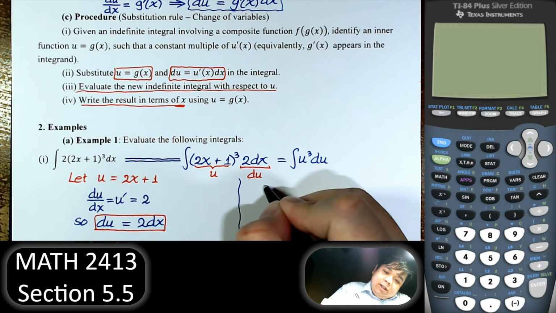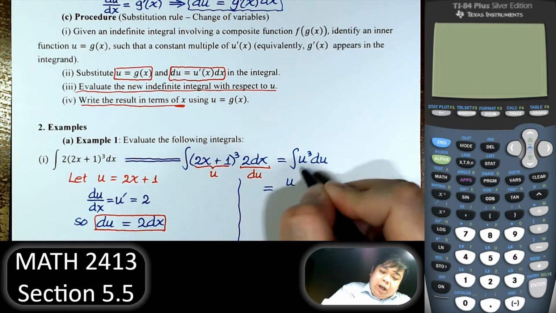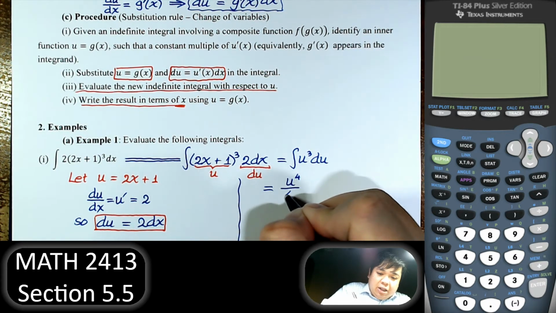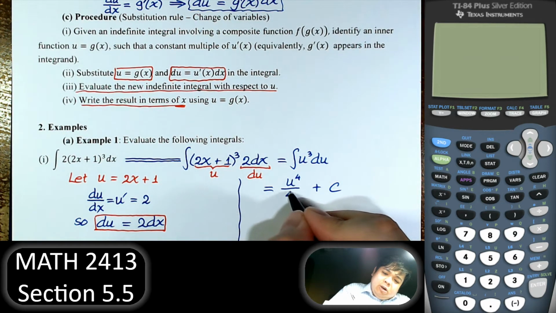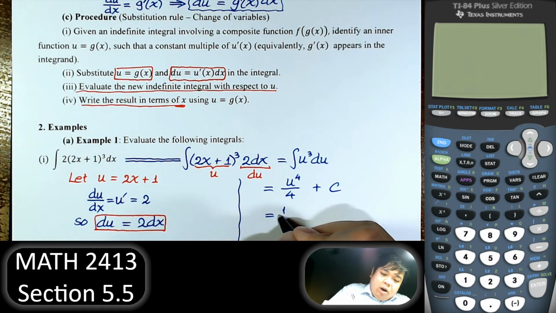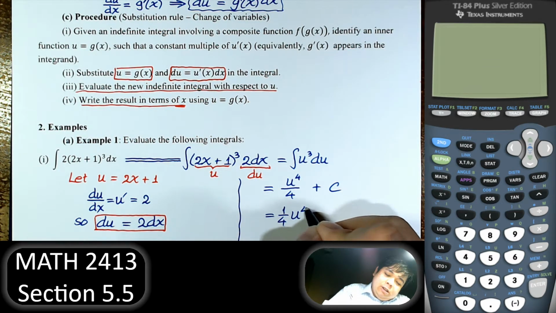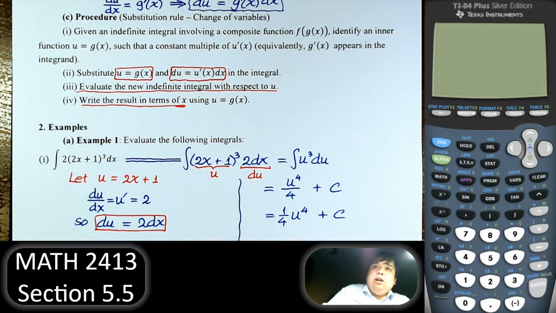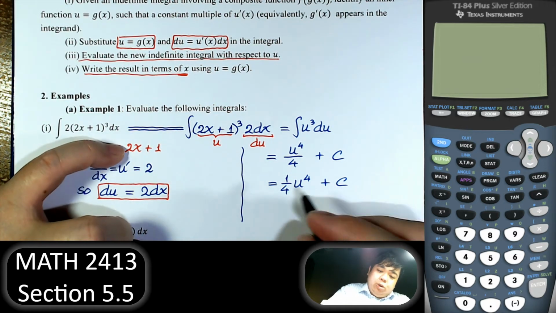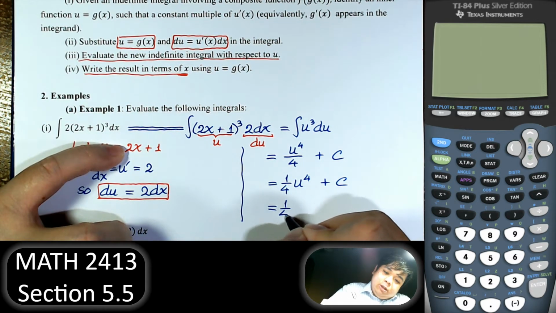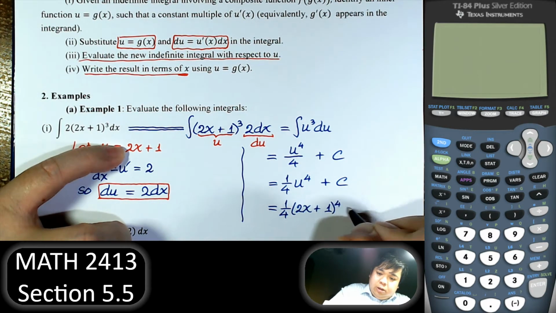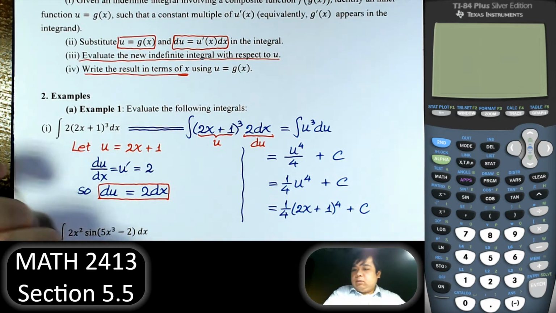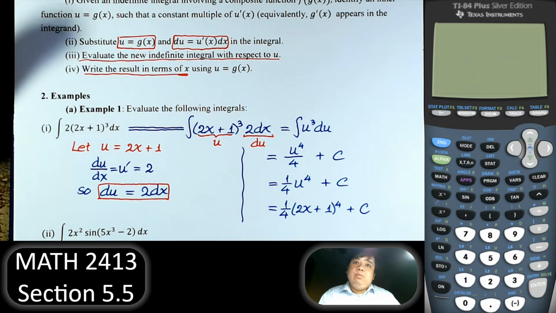The integral of that is u, increase the power by 1, divided by the same thing. And finally, to have 4 at the bottom, we can say 1/4 times u to the 4th plus c. And finally, u is equal to 2x plus 1, and that's what we use. So, simple enough.